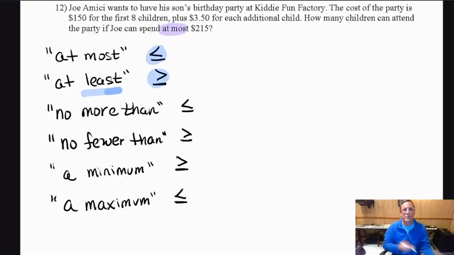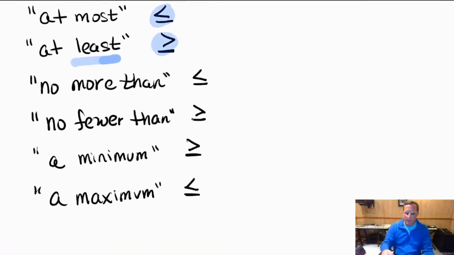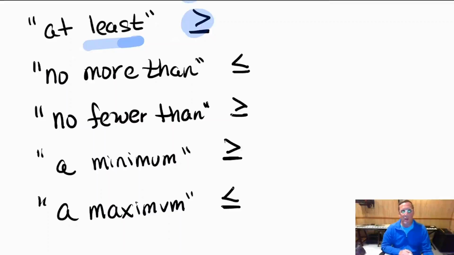If you had at least 5 donuts, that means you had 5 at the very least. You had 5 or 6 or 7 or 8 or 9 or 10 or 11 or 12. You had a lot of donuts. And then the same thing applies to all the rest. No more than, no fewer than, a minimum. A minimum, again, sounds like less than.